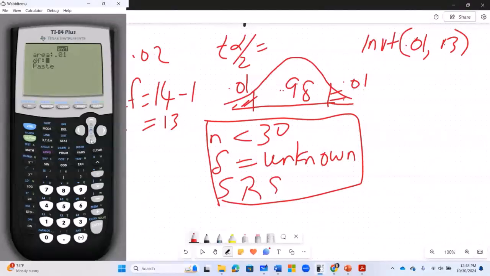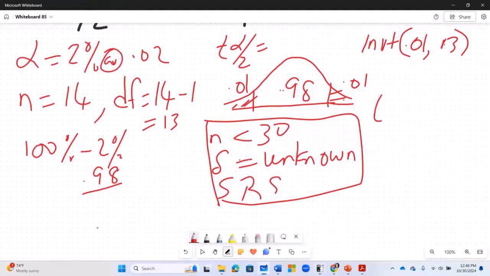And the only thing they ask me is degree of freedom, which is 13. That's all I need. I just need sample size and area to the left. And then I can calculate. The T value to the left is negative 2.65, and T value to the right is 2.65.